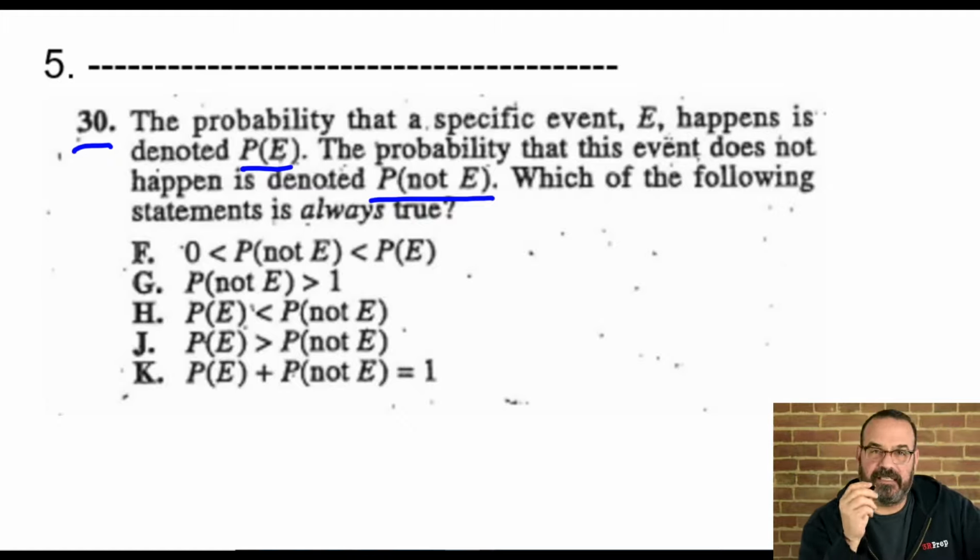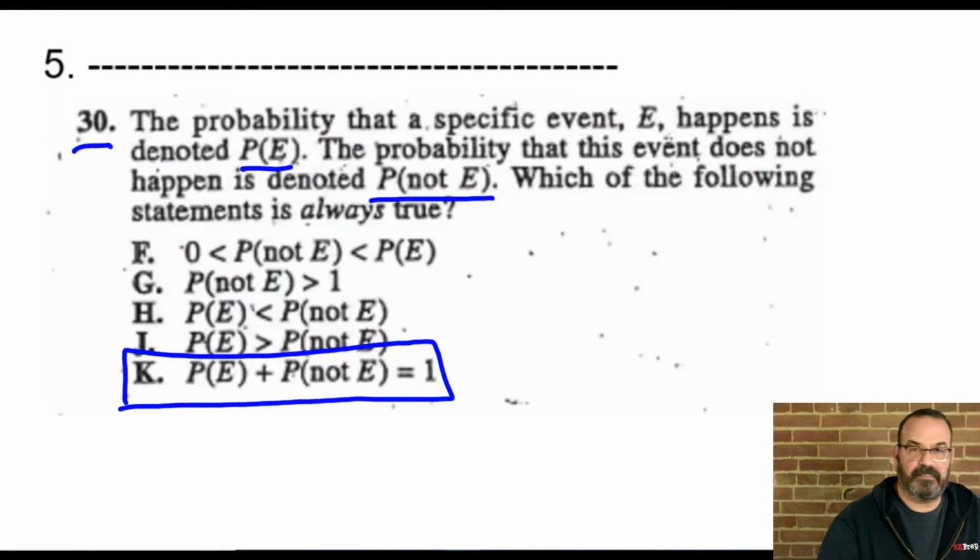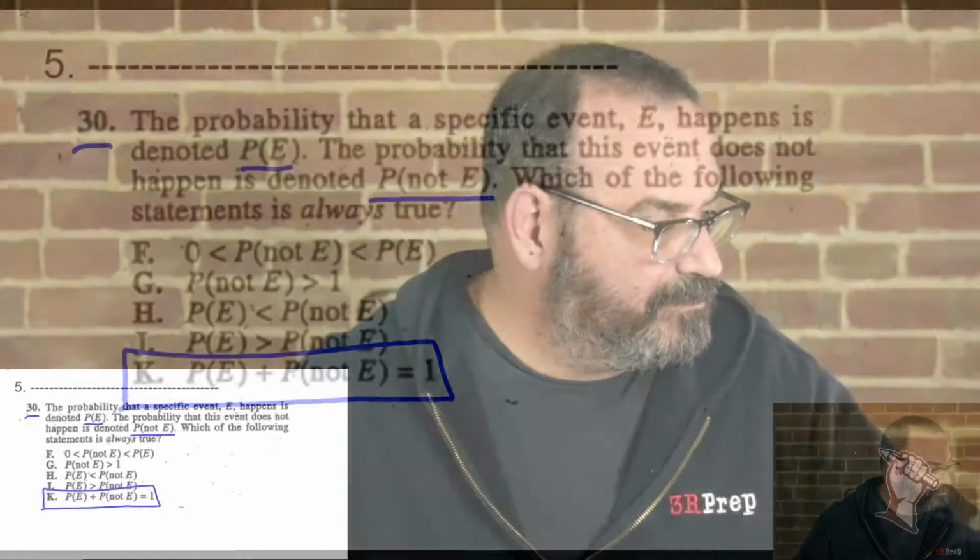This is a really easy one. Cover up the answers and think of what they are doing with something happening and something not happening. The probability of one single event happening and its opposite not happening is 100%. P plus not P is 1. That's 100%. The answer choice is K.